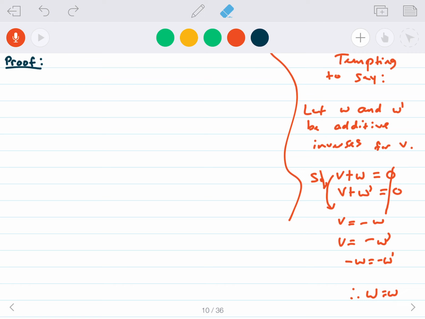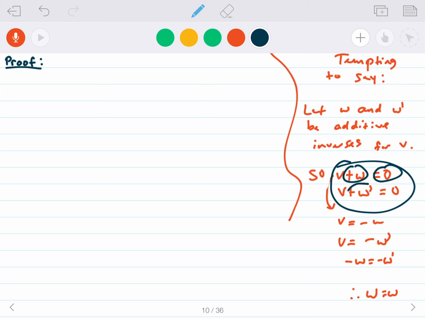It was subtle what we did, but we did it. When we subtracted W from both sides, we assumed that minus W is the unique additive inverse for W, okay?